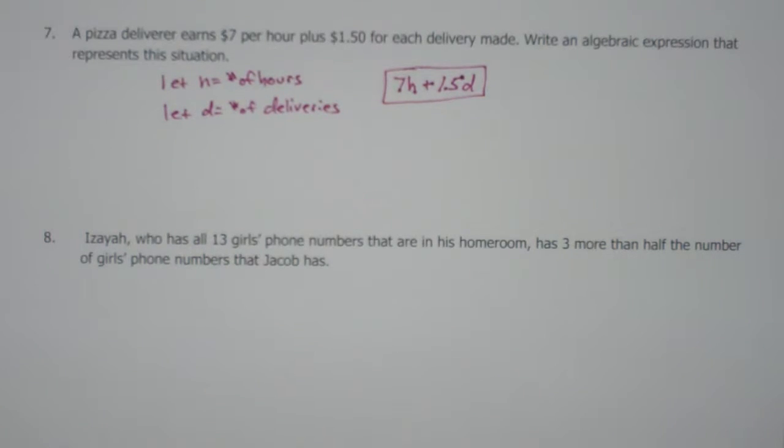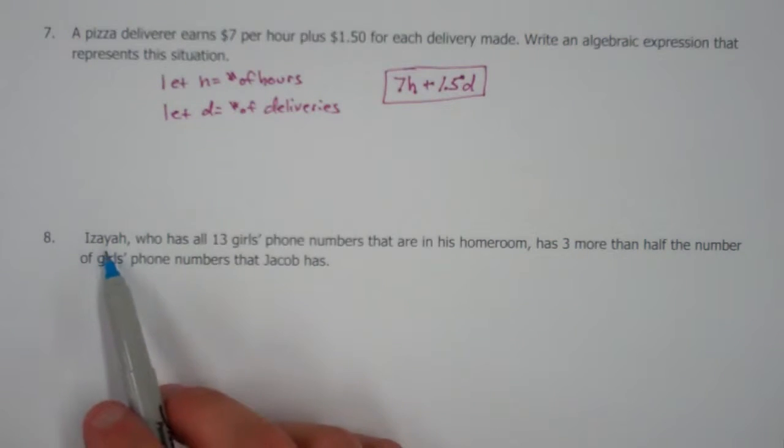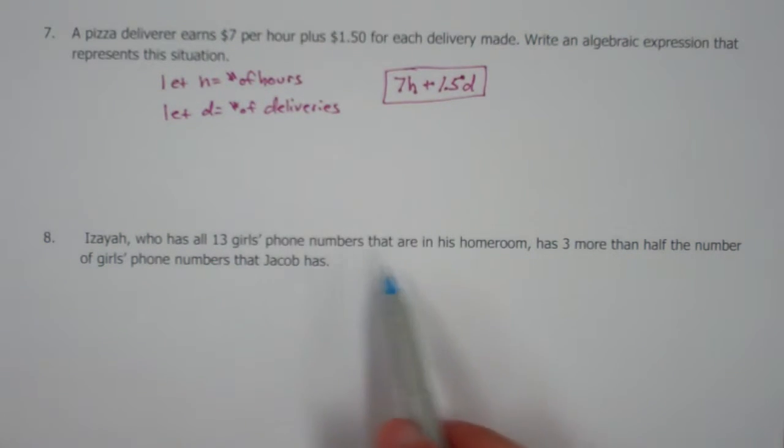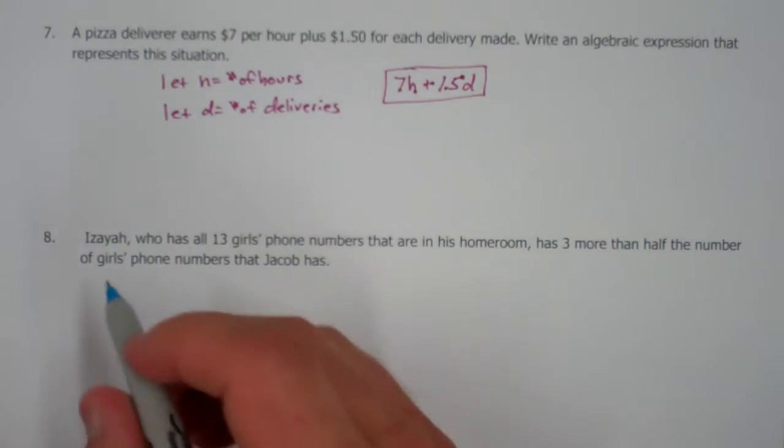Alright, the last one. Congratulations if you've stuck through this all the way to the end. Isaiah, who has all 13 girls' phone numbers that are in his homeroom, has 3 more than half the number of girls' phone numbers that Jacob has. So we know how many Isaiah has, 13. We don't know how many Jacob has, though.